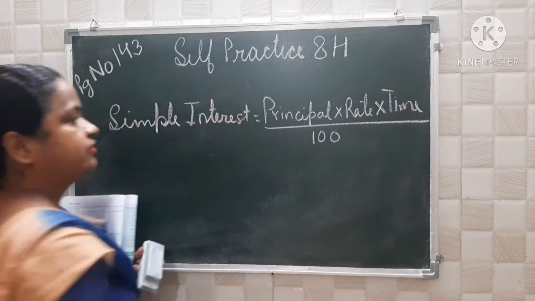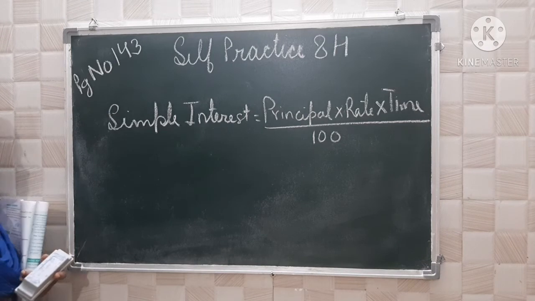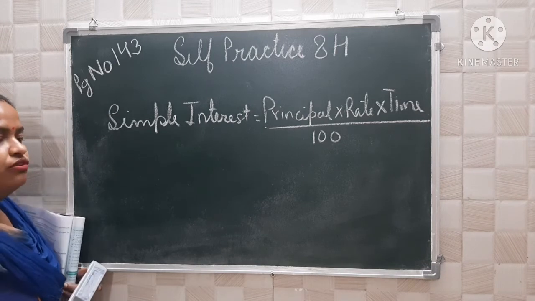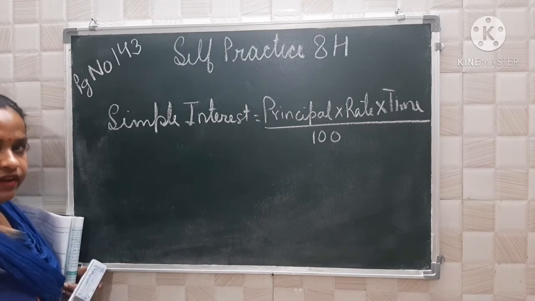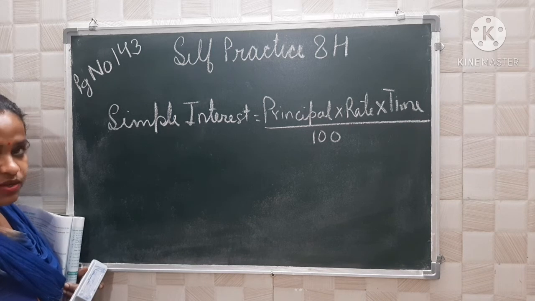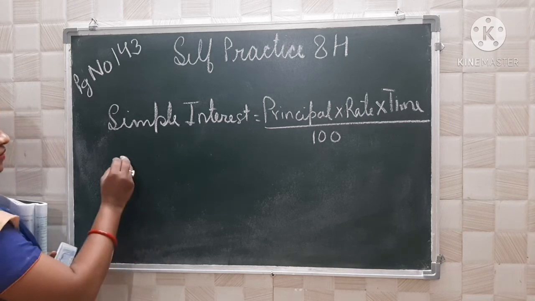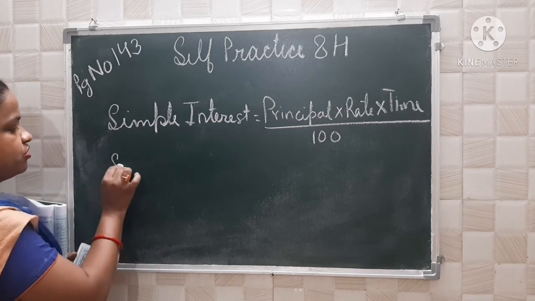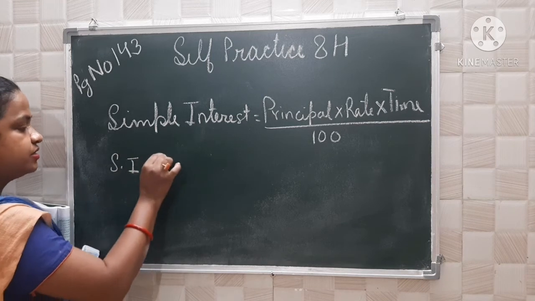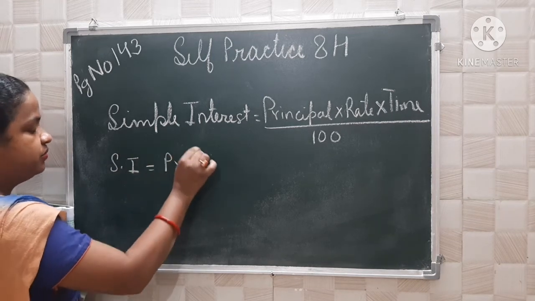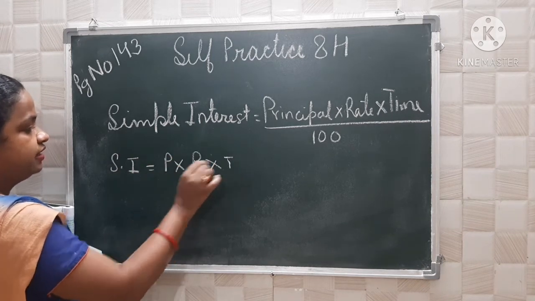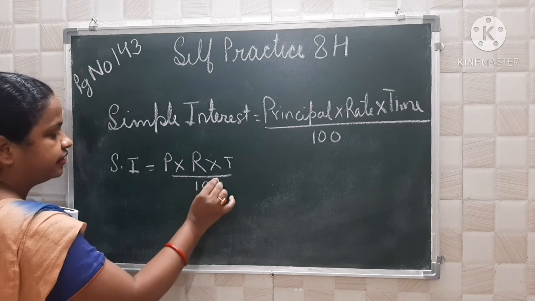The principal is the amount deposited or borrowed, the rate is what percent you have to pay, and the time is how long you take to pay. In short, SI is equal to P into R into T upon 100.